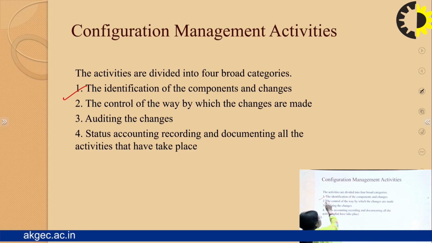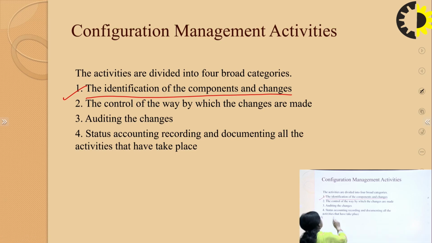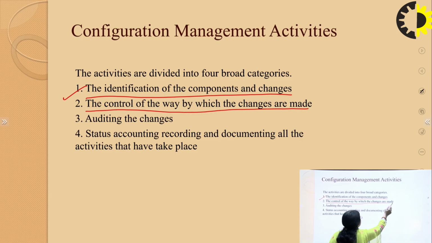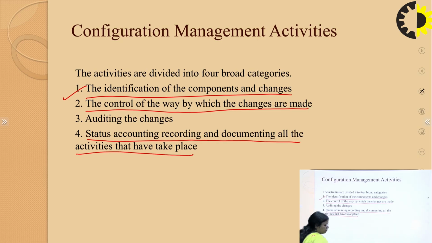So first is identification of the components and the changes that we want to make. Next is control of the way by which the changes are made, then auditing the changes, and the fourth and last activity is status accounting, recording and documenting all the activities that take place. We need to store all the details about the activities done for applying the changes. So these are the four activities for configuration management.